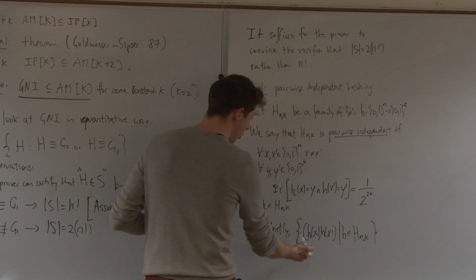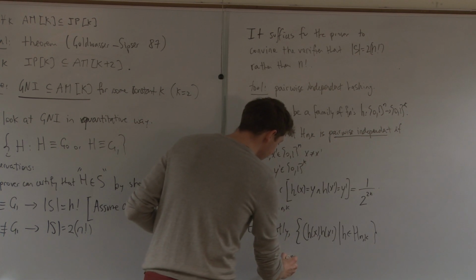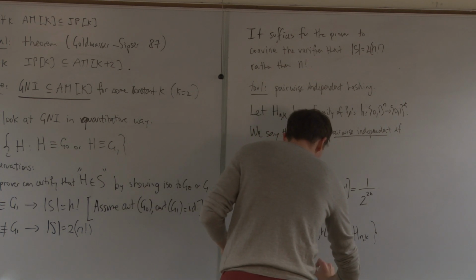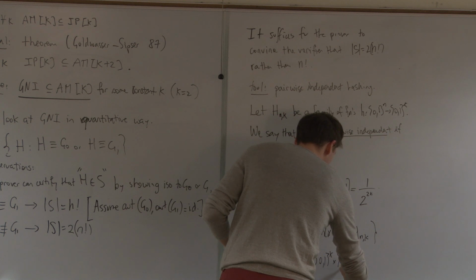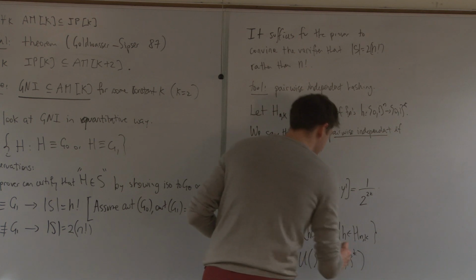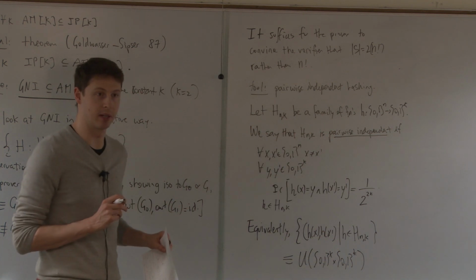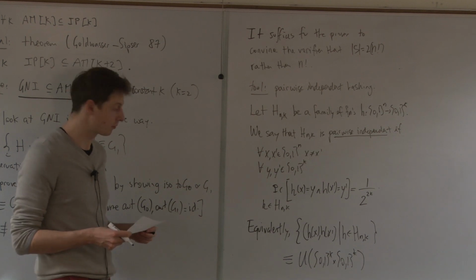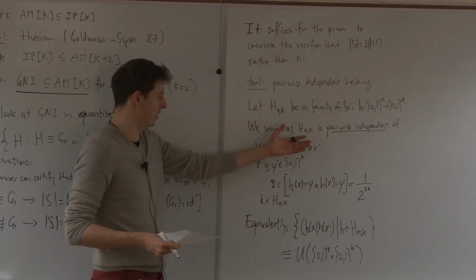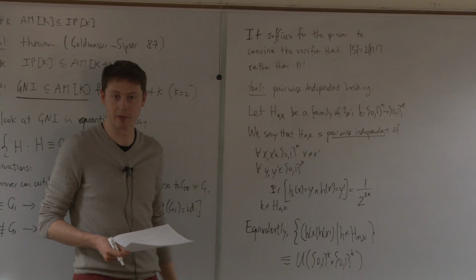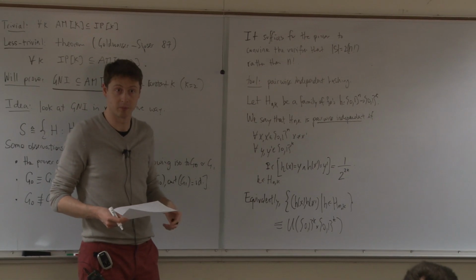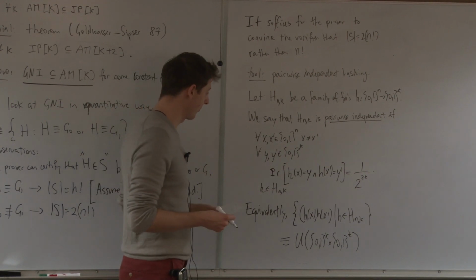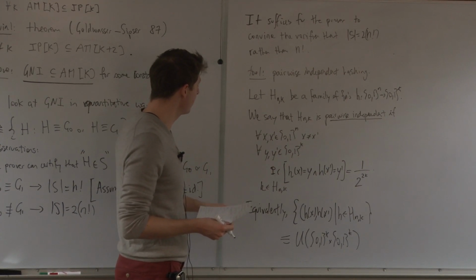If you look at this joint distribution as random variables, this is the same as the uniform distribution over the product space {0,1}^k times {0,1}^k. That's why we're calling this pairwise independent, because it looks like two random outputs. If you look at 3 outputs, it doesn't mean that they are random, just if you look at 2. Okay, so this is the notion of pairwise independent hashing.